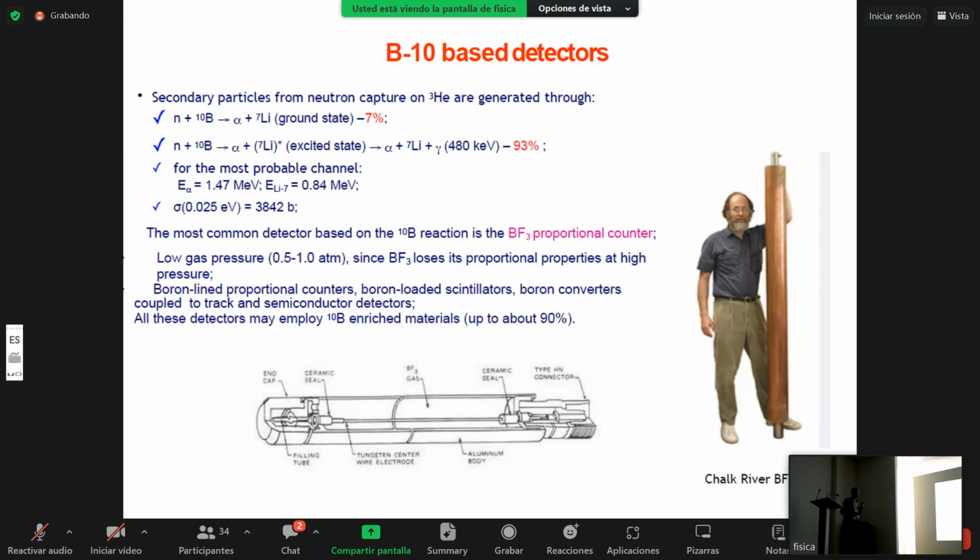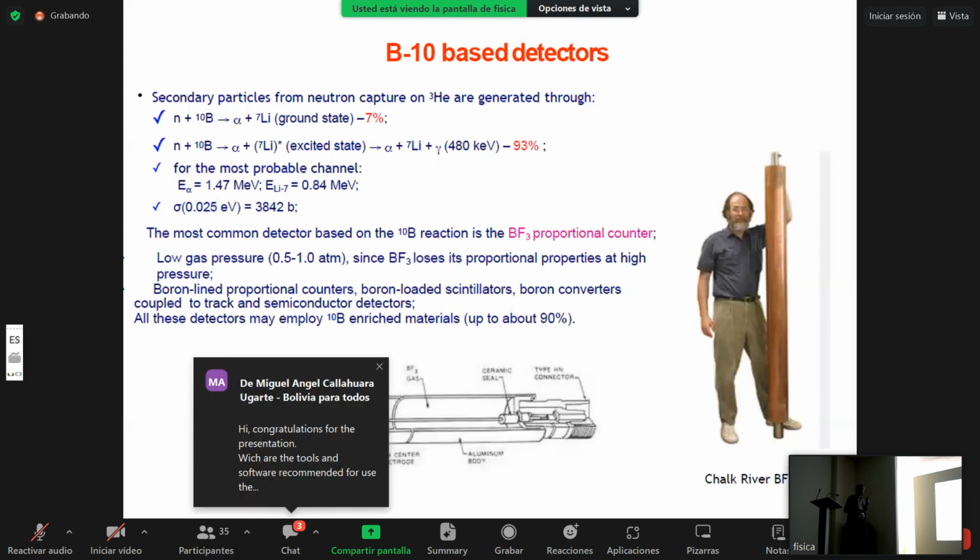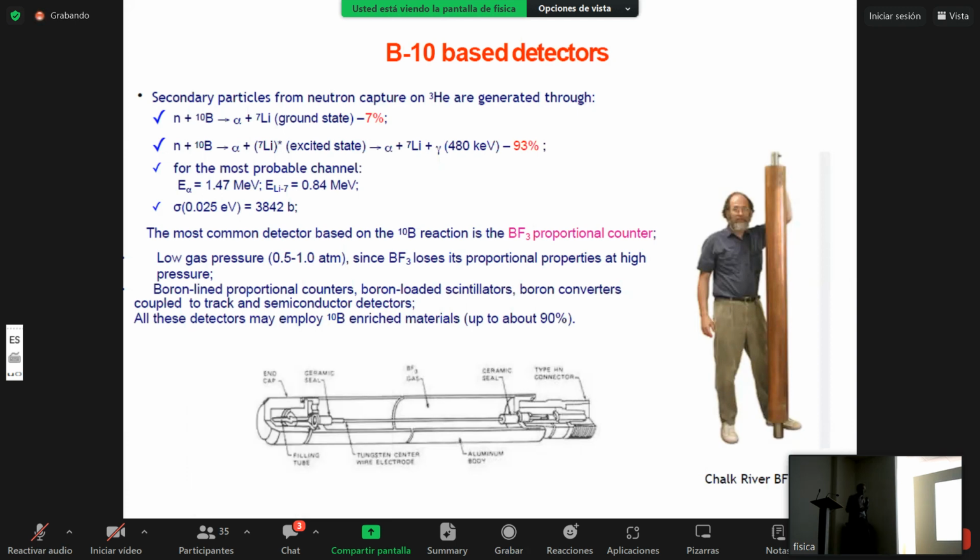It's very impressive. And there are other ways to use boron as a neutron absorber in proportional counters. Sometimes you can load scintillators with boron and absorb neutrons there as well. Sometimes you can even have boron converters coupled to semiconductor detectors.